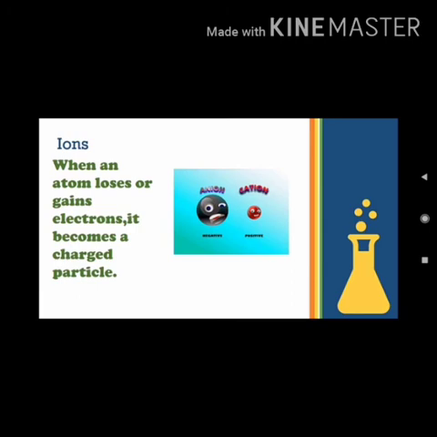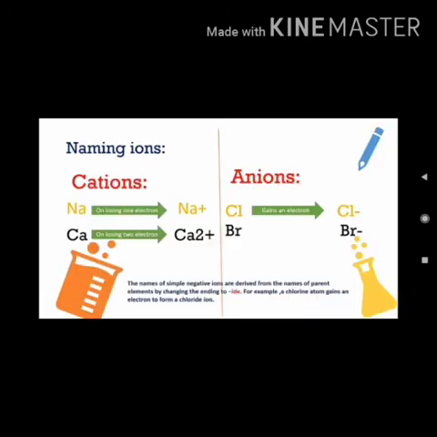For example, when sodium loses one electron, it becomes Na1 positive, right? And it is called the sodium ion. When calcium loses 2 electrons, it becomes Ca2 positive, right? But in the case of anions, for example, when chlorine gains 1 electron, it becomes the chloride ion, right?